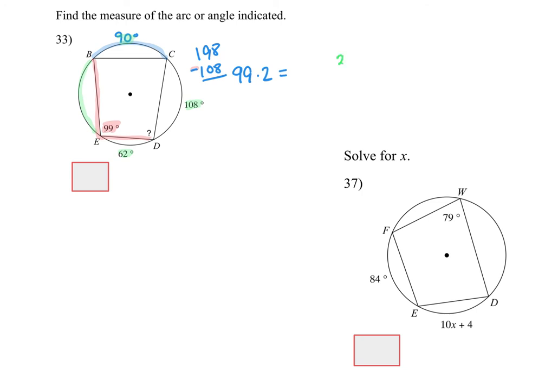So I have 360 minus my 90 plus my 108 plus my 62. What does that give me? These together, this is going to be 170 plus 90, 260, right? 360 minus 260, what do I get? There we go. This guy's 100.